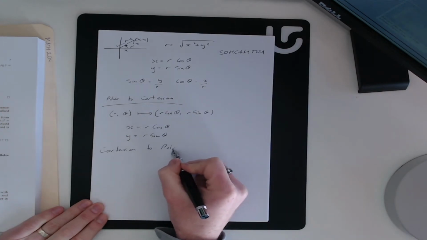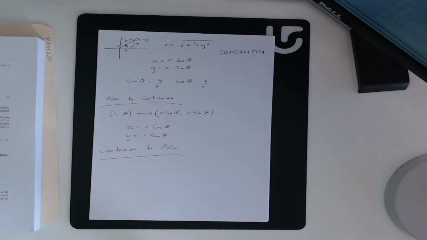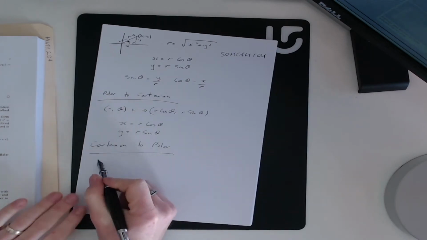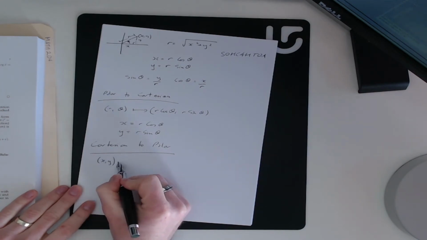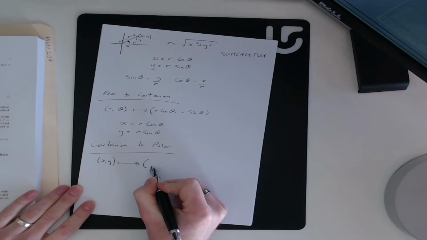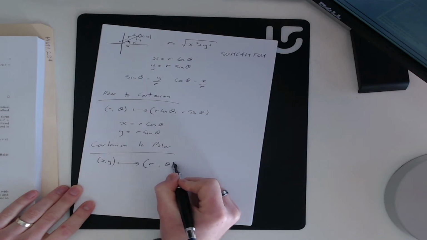Now Cartesian to polar is harder, and this is precisely because there are lots of different ways to write down Cartesian coordinates, multiple ways in polar form. You can always add 360 degrees. You could take negative angles. You could take positive angles. It's not great. Now we have x, y, and that is going to go to the radius and the angle.